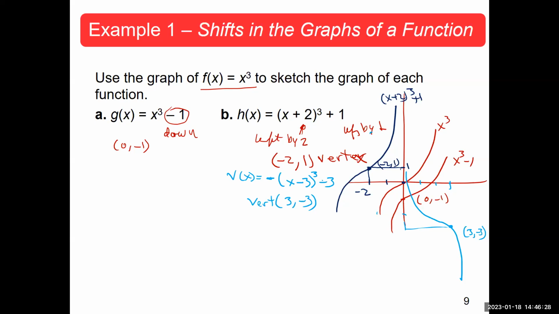You could reflect it about x, I'm sorry. So this point would go down, this point would go up. So that's what we did. This point went up, and we're going all the way down. That's what happens when we reflect the cubic function.